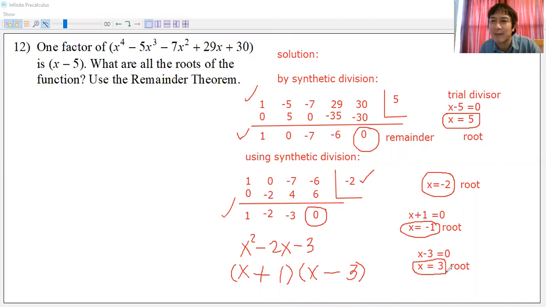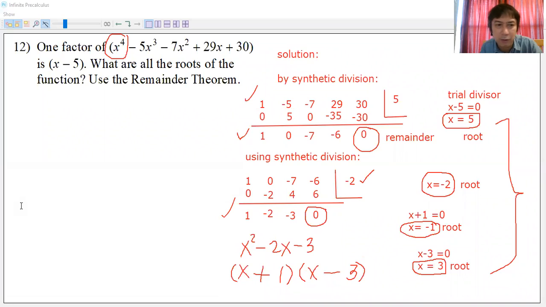How many roots do we have? We have 4, because this is degree 4. So we expect 4 roots there. So our answer will be the roots of the function.